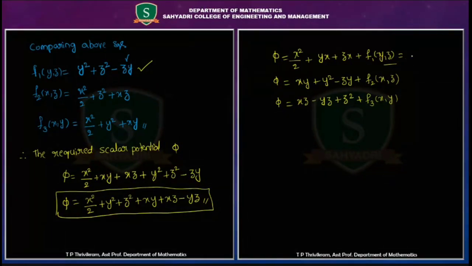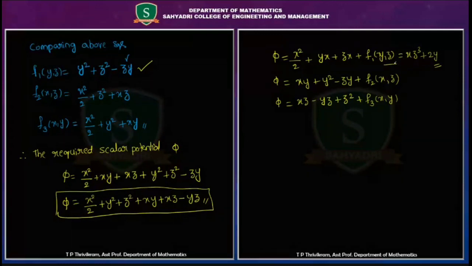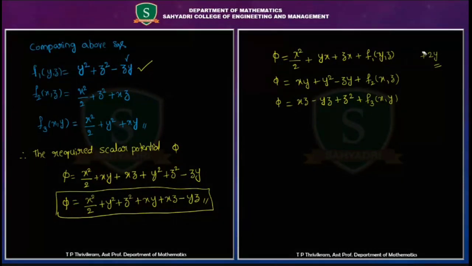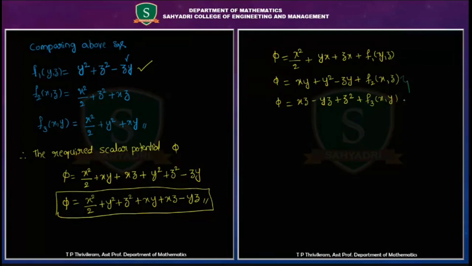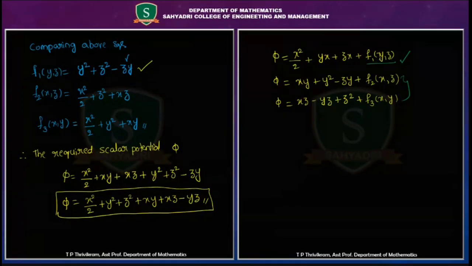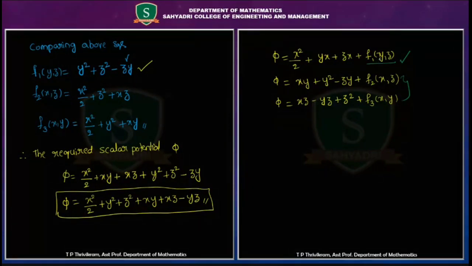Suppose you take xz cube plus 2y square, this is also a function of yz. So this kind of functions you have to search in the remaining two equations. So I need to find the function of yz in these two equations using this equation. A function of y alone you can take, a function of z alone you can take, a function of x, y and z you can take.